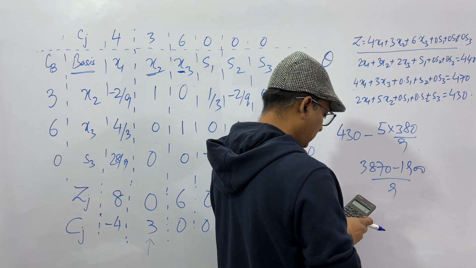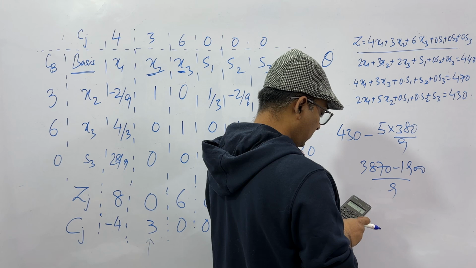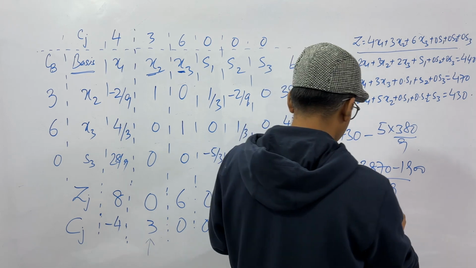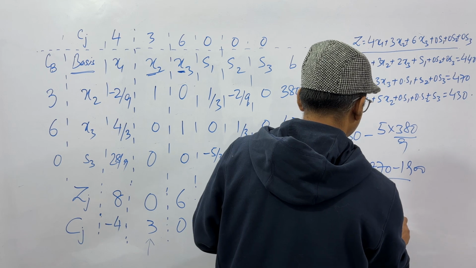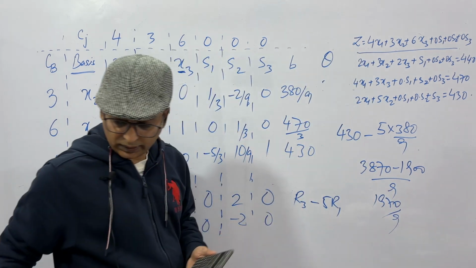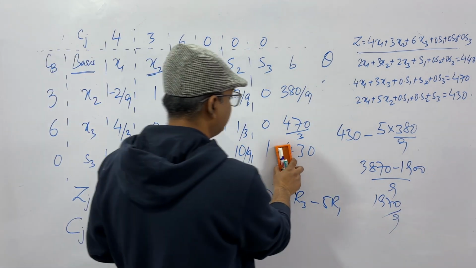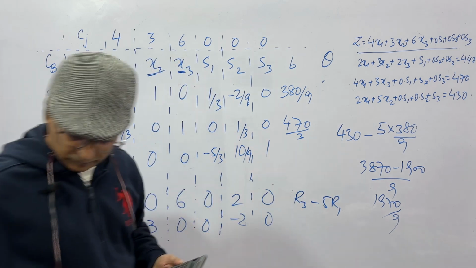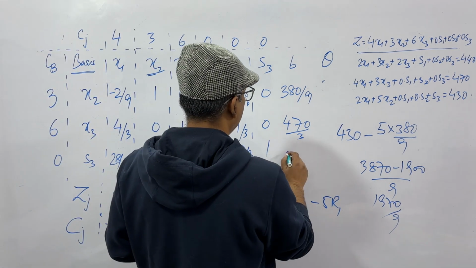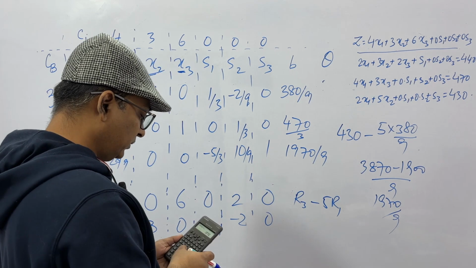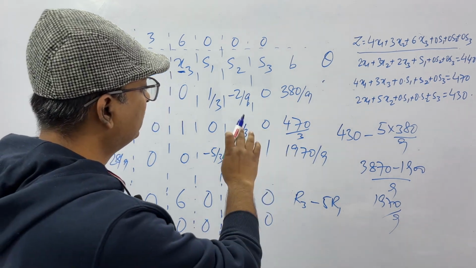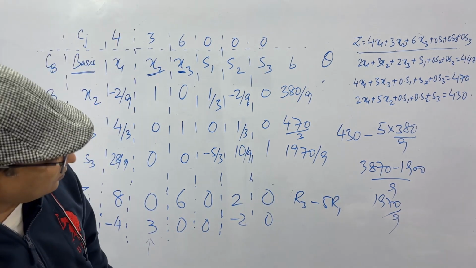So this is 3870 minus 1900, that is 1970 by 9. So here we'll write 1970 by 9. Is it divisible by 9? No. Okay. So this is our table now.